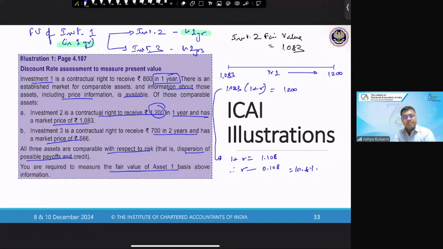No, sir. Understood? Yes. So can I say that I am supposed to receive 800 in 1 year? So can I say that principal times 1 plus R is equal to 800. Therefore, P is equal to 800 divided by 1 plus R. So 1 plus R means 1 plus 10.8%, 1.108.